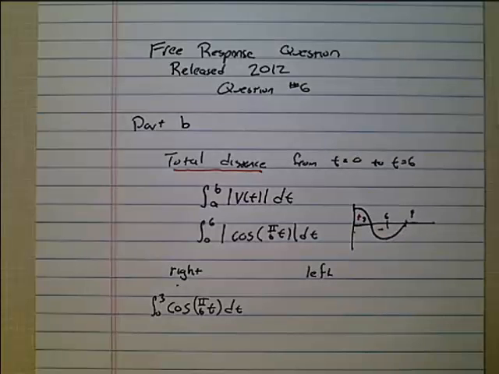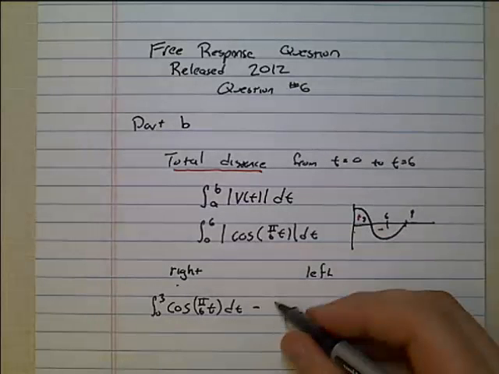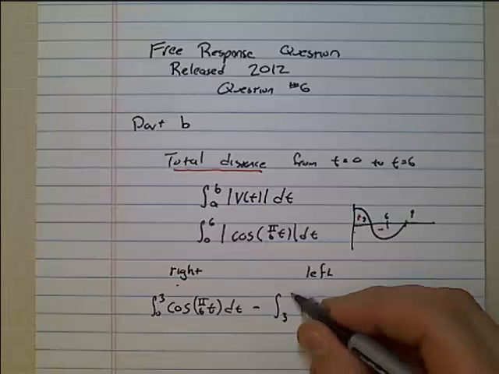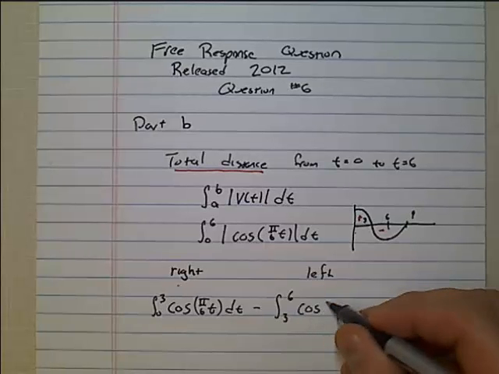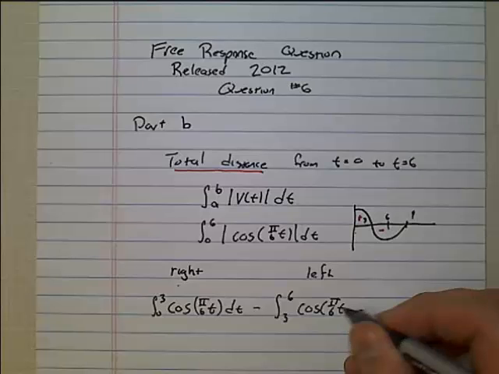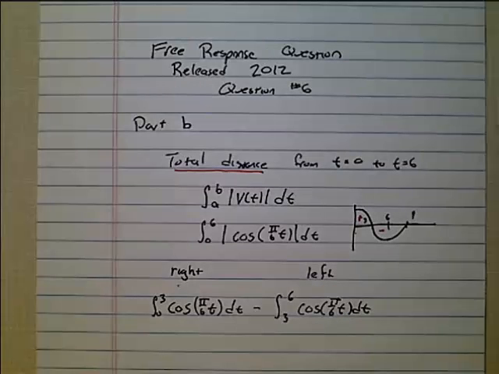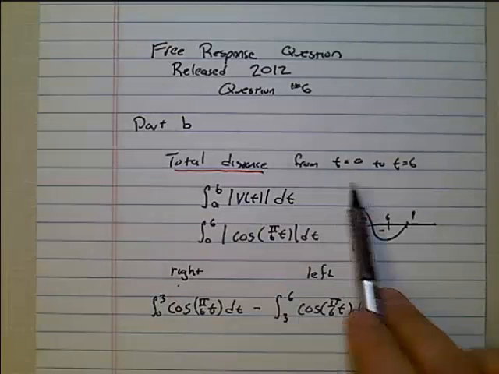So then we're going to say minus the integral from 3 to 6 of cosine of pi over 6t dt. And that would not be a terribly difficult integral to evaluate. We could use a u substitution and do that integral, but they haven't asked us to. They asked us to write the integral, but do not evaluate it. So there you go. I wrote it, I didn't evaluate it, and that's our integral that gives the total distance traveled from t equals 0 to t equals 6.